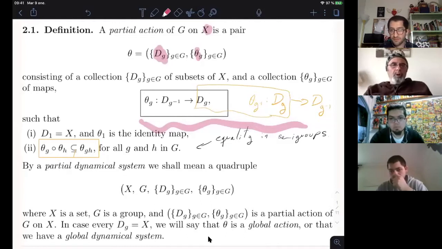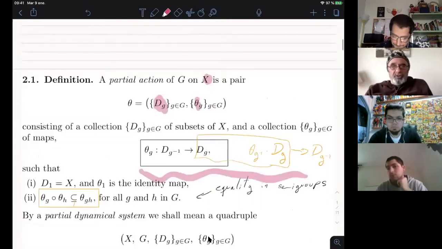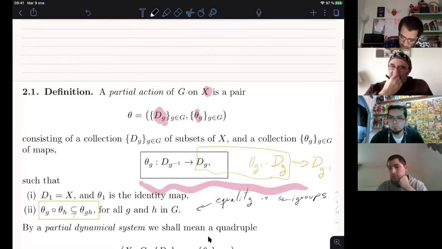Which one should be trivial? The domains? Yes, any domain is trivial. It is possible. One of the subsets of X is the void set. And you should consider that this is possible, because even if for a couple of elements G and H the domains are not trivial, it might happen that the domain is.